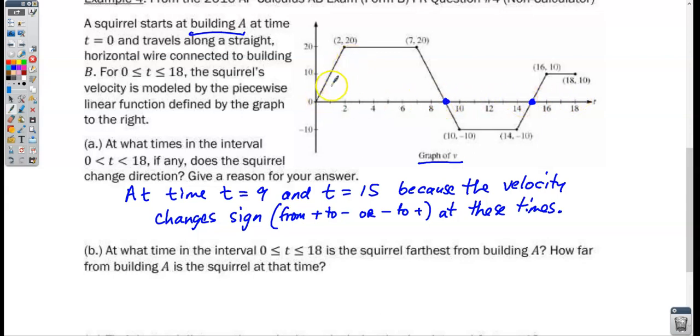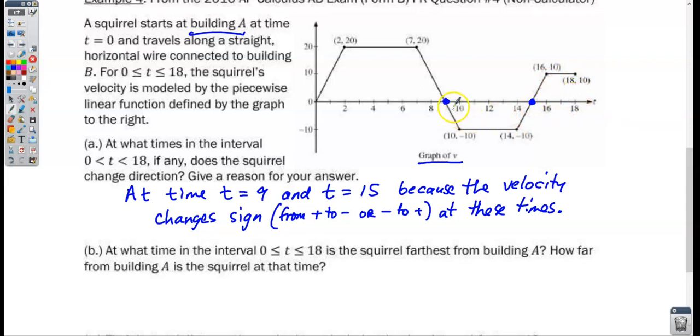At t equals 9, the squirrel's moved a certain distance from the building, and that's represented by the integral from 0 to 9 of the function. And then from time 9 to time 15, the squirrel had changed directions at time 9. It started moving away from the building. Or back towards the building, pardon me. And then at 15, it starts moving away from the building again, up until time 18.